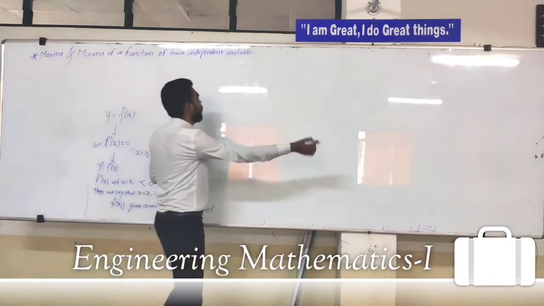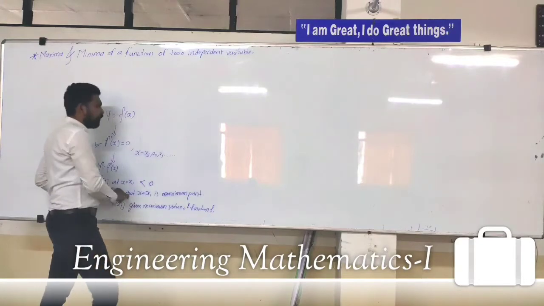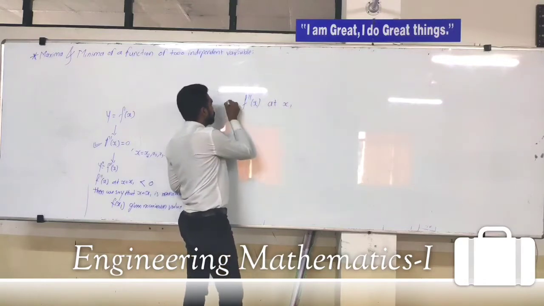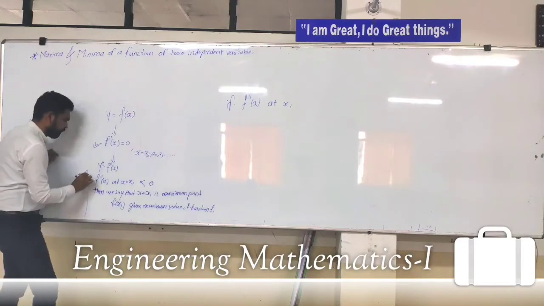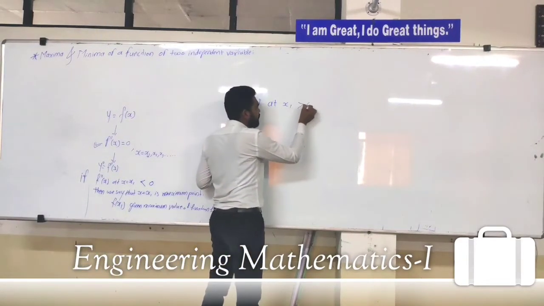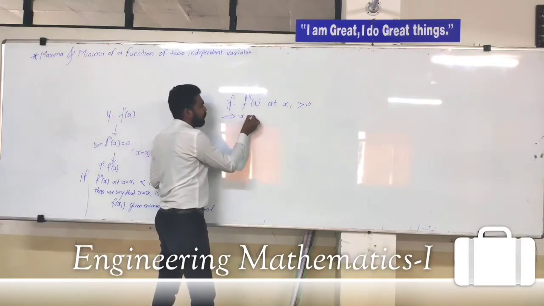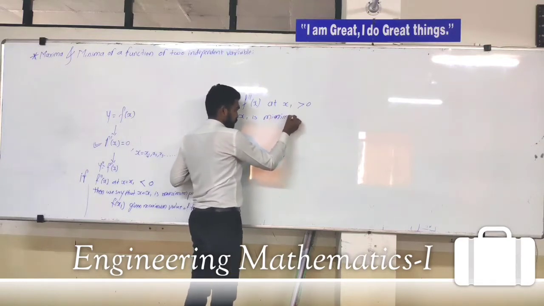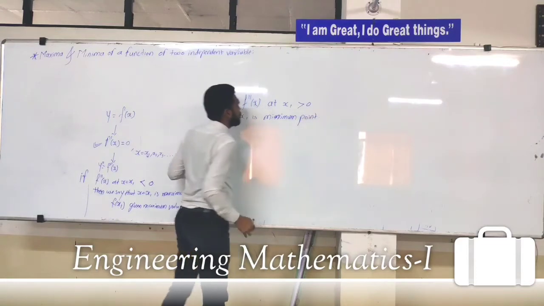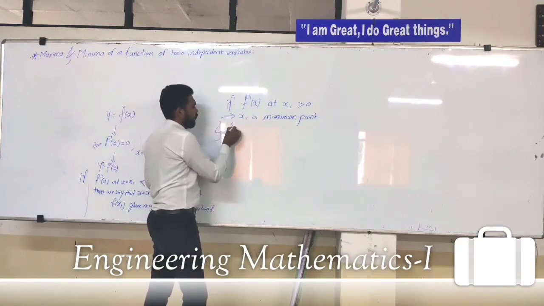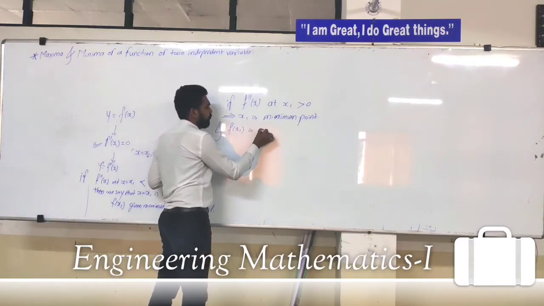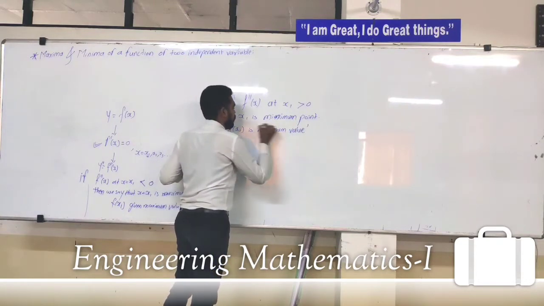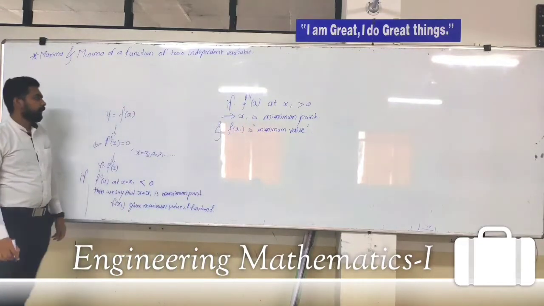Similarly, we find the minimum value. If the value of f double dash of x at x1 is greater than 0, implies that x1 is a minimum point and f of x1 is a minimum value. f of x1 is a minimum value, right?